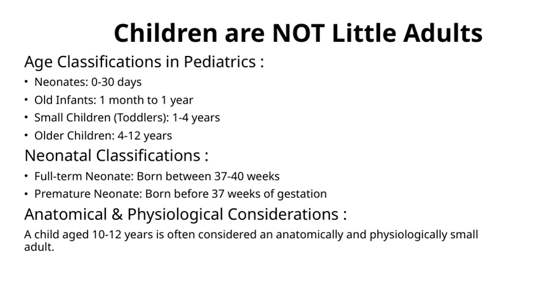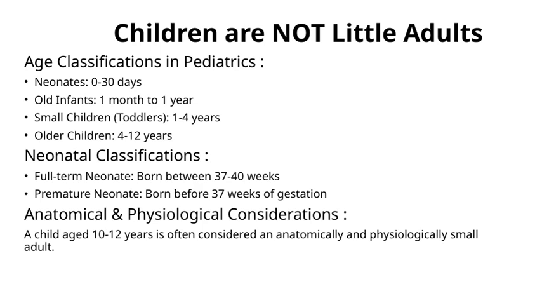When we look at neonatal classifications, we see that full-term neonates are born between 37 and 40 weeks of gestation. Premature neonates, on the other hand, are born before 37 weeks, which often presents additional challenges due to their underdeveloped organs and systems. Now, an important consideration is the anatomical and physiological differences within these groups.